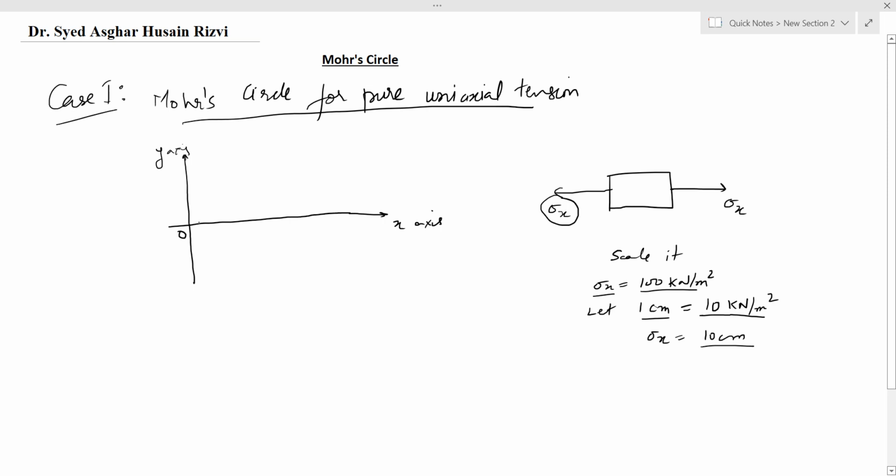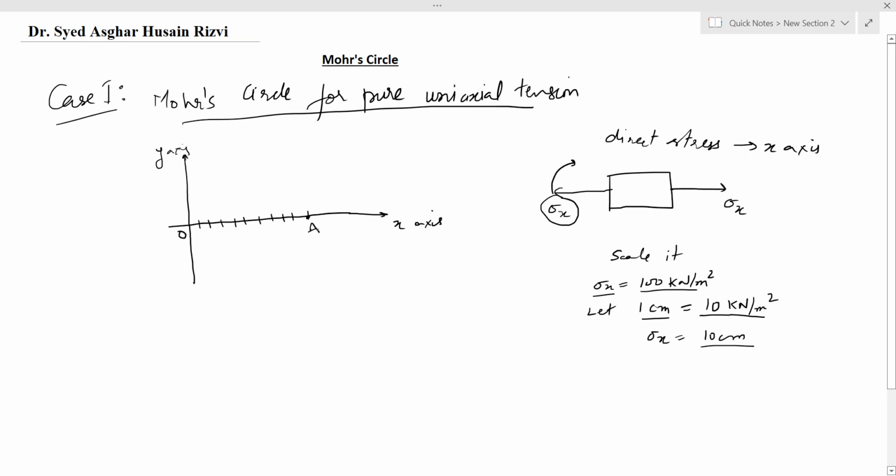And on this scale, we will mark 1, 2, 3, 4, 5, 6, 7, 8, 9, 10. This marking will be on the x-axis because this is a direct stress or normal stress, and all the direct stresses are represented on the x-axis.